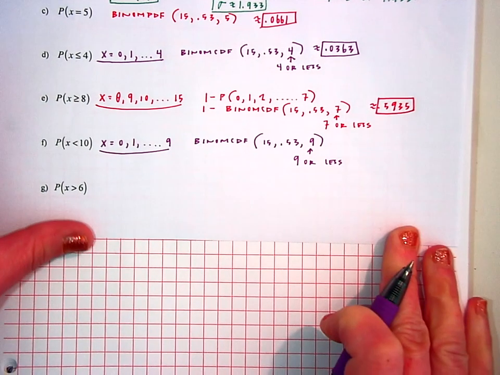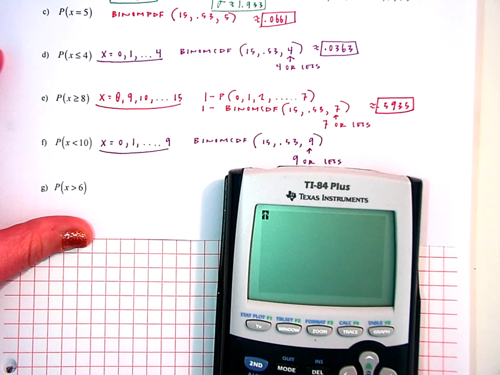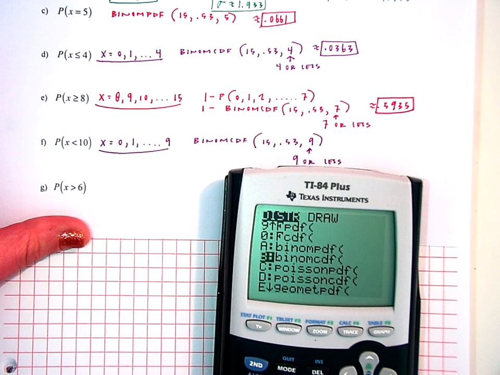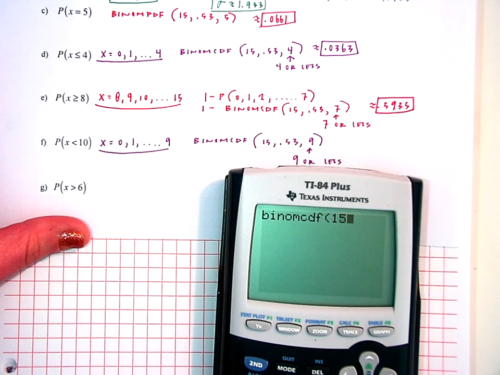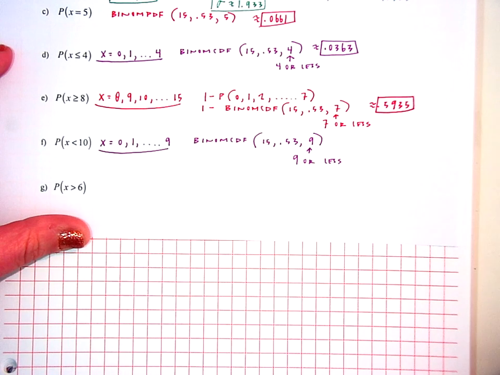Okay, so again, what do I type into my calculator? I'm hitting 2nd VARS. I'm going down to binomCDF, and I'm saying 15, 0.53, and here's 9 or less. So that's going to get me about 0.7875.